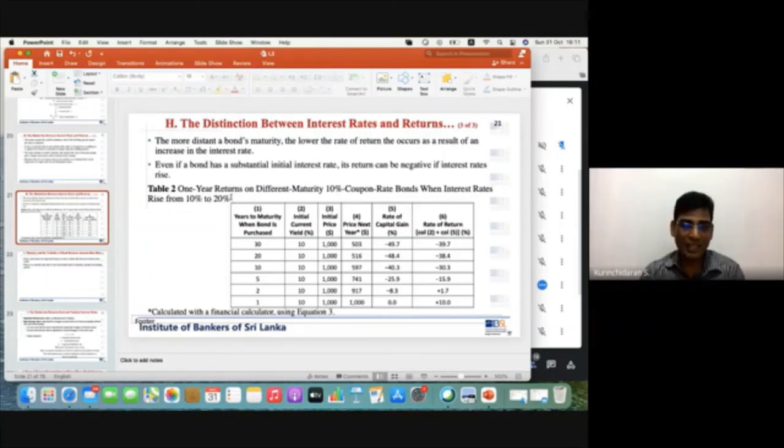When the market interest rate changes, your portfolio is affected. If you have a bond with 1 year remaining maturity, you don't lose anything. But if you have 30 years remaining maturity, you are going to lose 50% of that bond value. And this is market risk, that means interest rate risk.